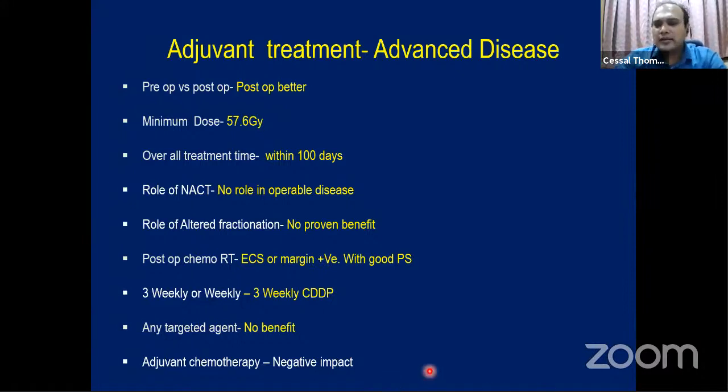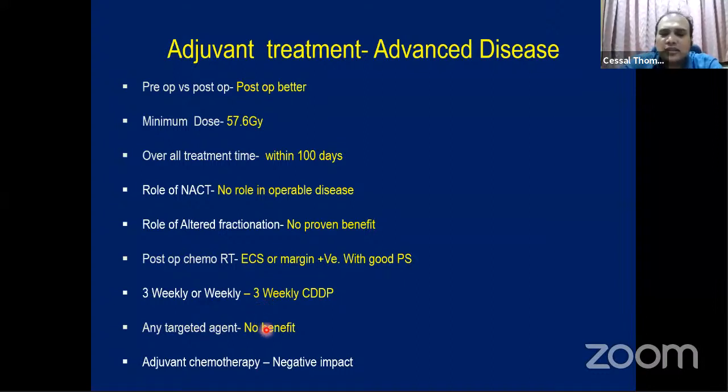Ideally, we have data only for high dose cisplatin once in 3 weeks. That's the standard adjuvant chemotherapy along with radiation. No chemo alone in head and neck cancer, because in adjuvant treatment the backbone is adjuvant radiotherapy. So high dose cisplatin once in 3 weeks is the standard.